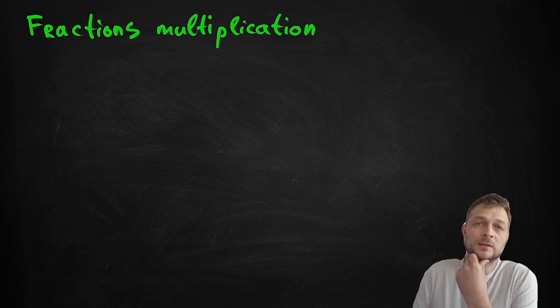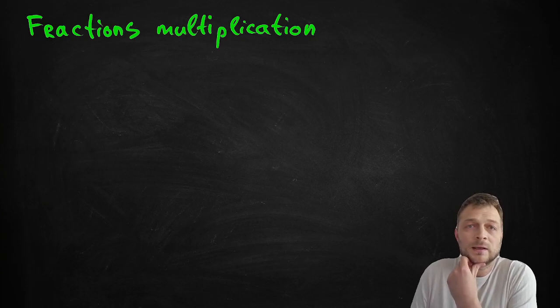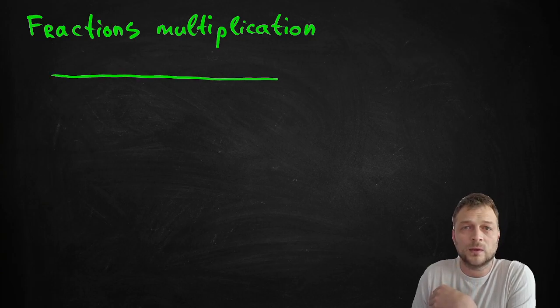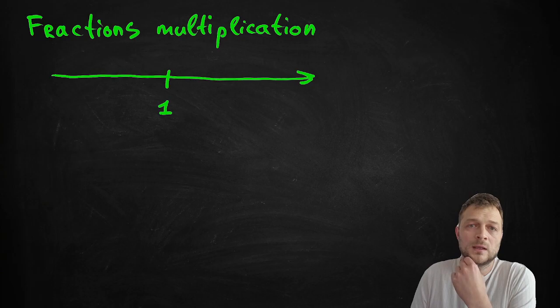So we'll consider an axis where I want to put the numbers we are going to play with. In the middle of this axis I will put 1, then there will be 2, 3, 4, and so on, natural numbers.